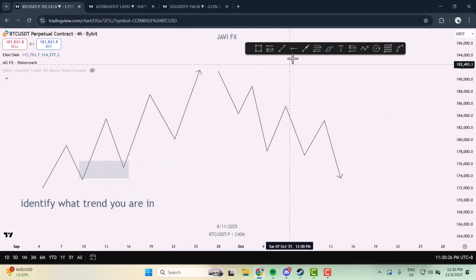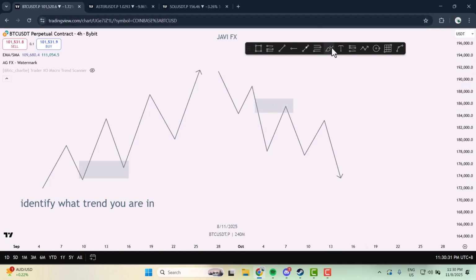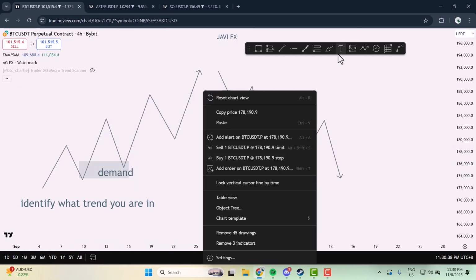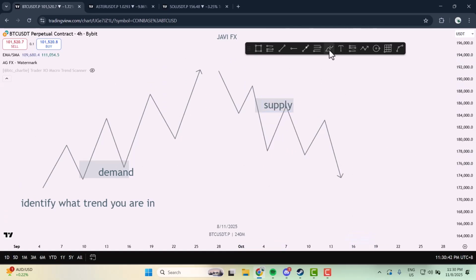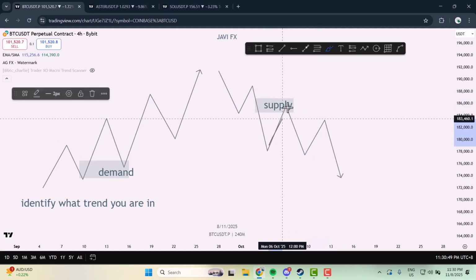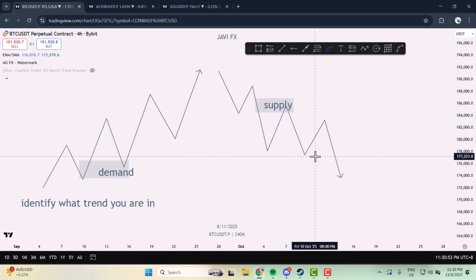Now conversely, a supply zone, let me just write that down for you guys. Demand and supply. So supply is resistance, basically glorified resistance. And as we all know, when price goes to resistance, we expect lower prices. So this is the first part of the equation.